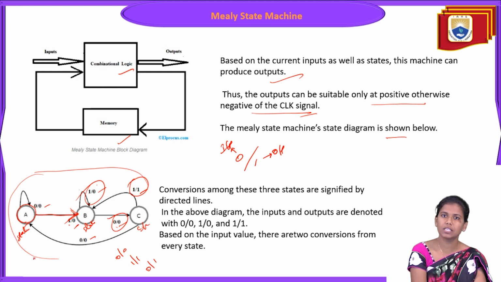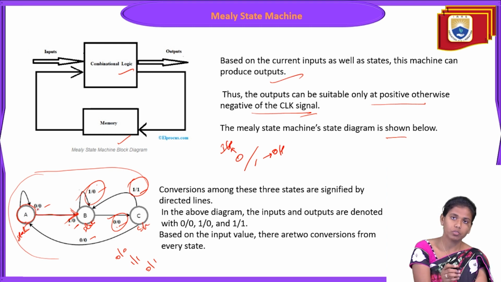Sometimes you may see the transition takes place from one state to another state. But at other times, based on the past inputs or the present input, the state stays within itself. For example, state A: the transition doesn't take place here, the state remains in its own place.